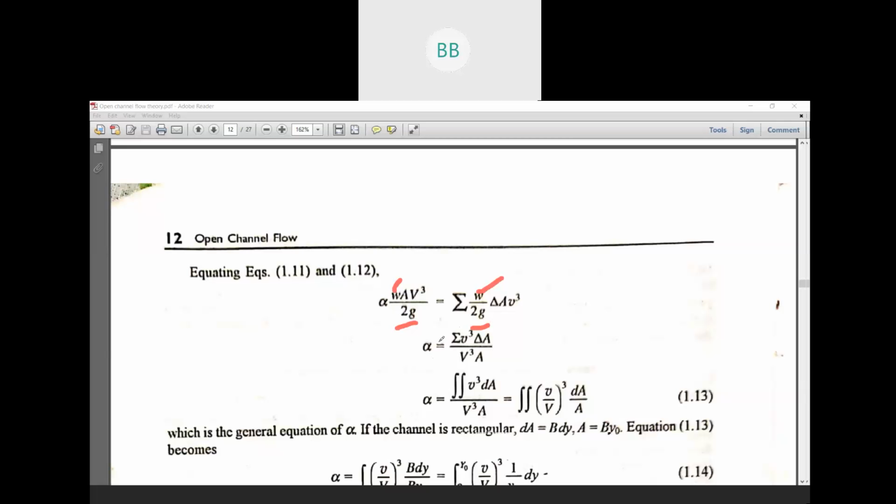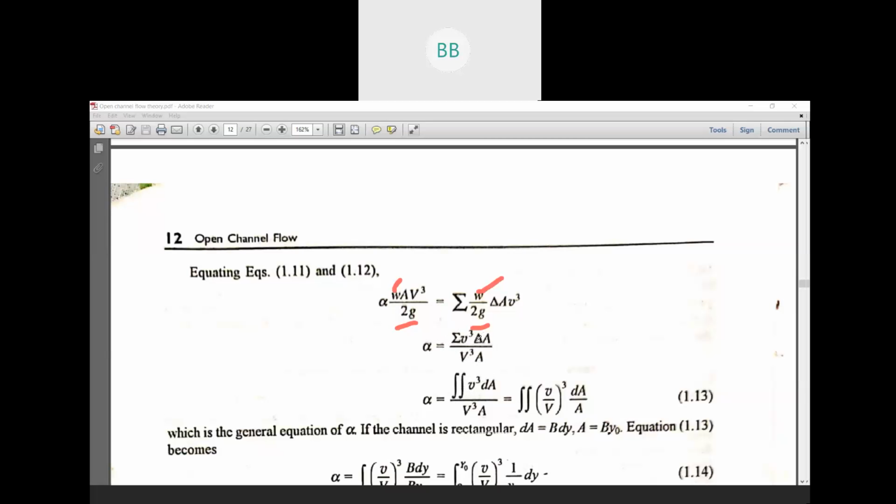If you consider this alpha, it will have the summation of v cube del A, divided by V cube into the whole cross-sectional area. Then this summation we have replaced by integration.